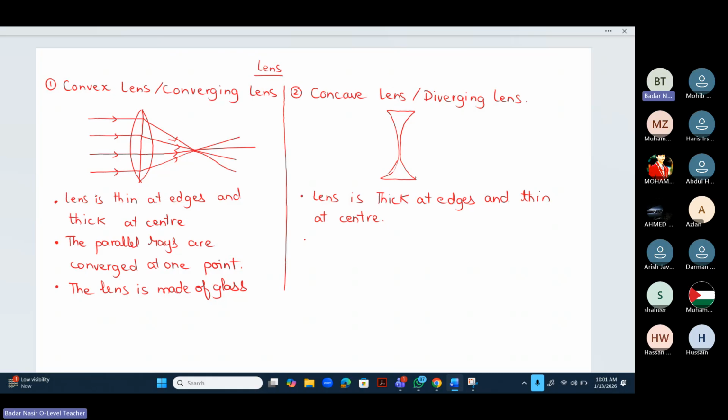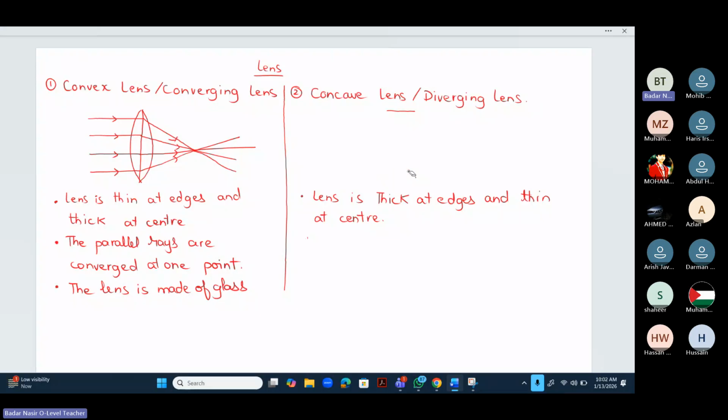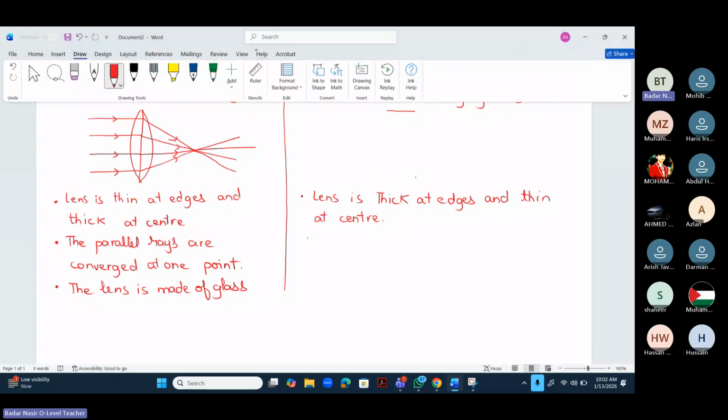And the parallel rays that are incoming, they are diverged. Okay, so let's say we have these parallel rays incoming. So let me draw the diagram of this diverging lens.